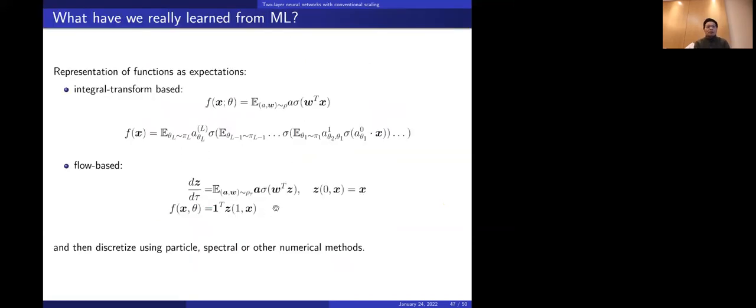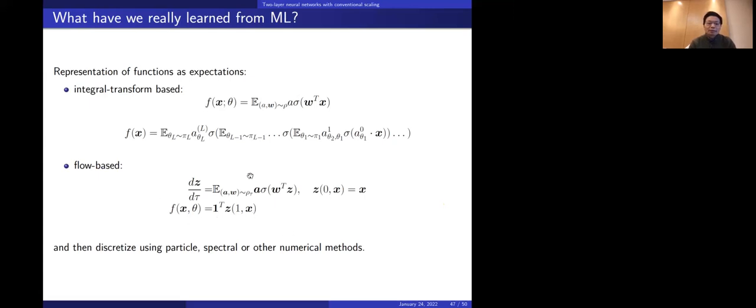So to summarize, if I think back, what we have really learned from machine learning is representing functions as expectations. I explained pretty much this particular situation. I didn't explain the following two. This one is associated with ResNets.